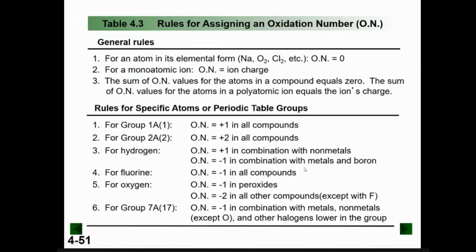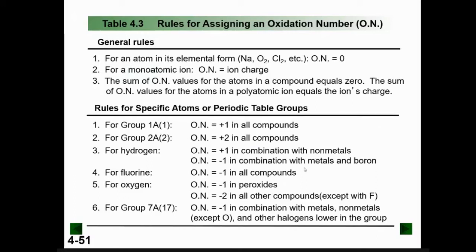And here are some general rules. I'll give you a copy of these as well, maybe more extensive. Number 1, if it's in its elemental form, not part of a compound, it has a 0 oxidation number. Number 2, if it's a monatomic ion like chlorine or sodium, it's usually their ion charge.